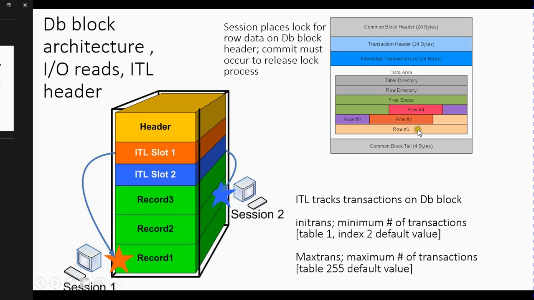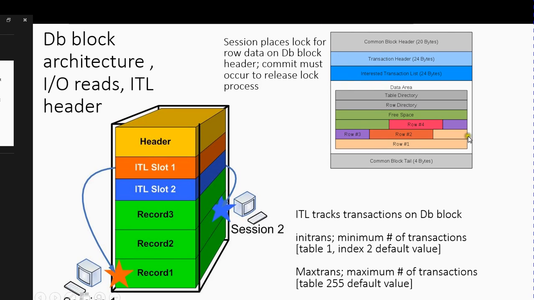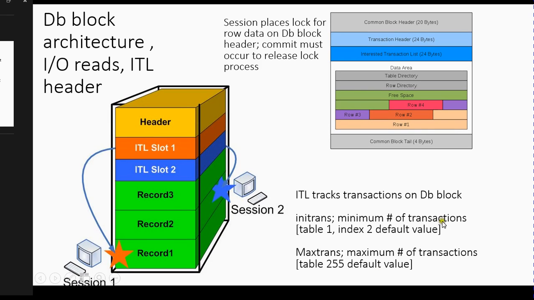If session one queries row one, you will hold on to header number one, and that header is not going to be released. The lock on the header is not going to be released until the user is able to commit that statement. Or again, I've gone over the different ways to resolve contention issues.